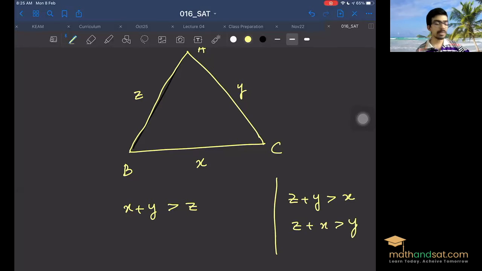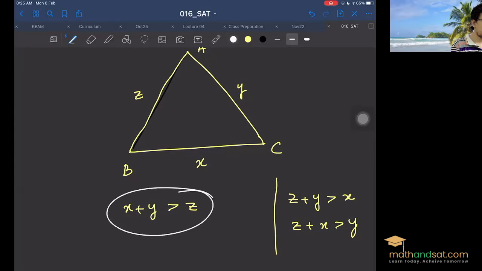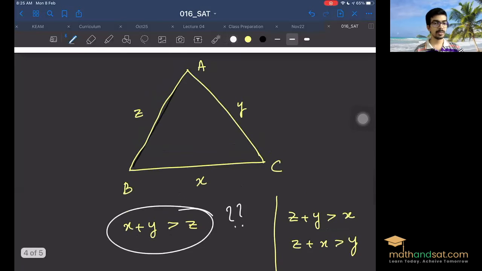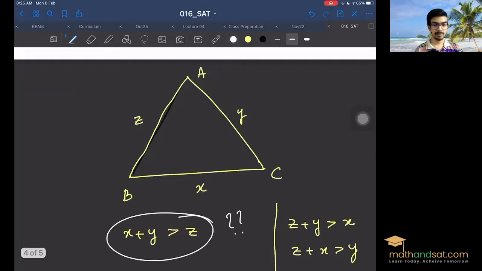Can somebody tell me why this makes sense? Why is X plus Y greater than Z? This is an interesting fact, right? In a triangle, the sum of two sides has to be greater than the third side. Is it just a rule or does it make sense?